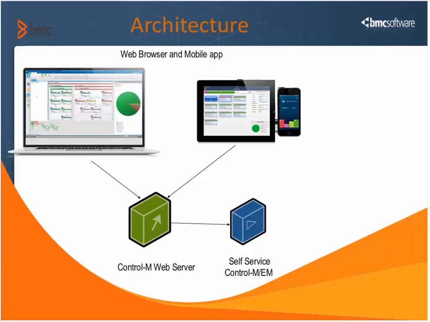So the users access self-service via the web browser or the mobile app, which contacts the Control-M web server. The requests are processed by the self-service process on the Enterprise Manager server, and the result is sent back to the Control-M web server to display the results on the browser or the mobile app.